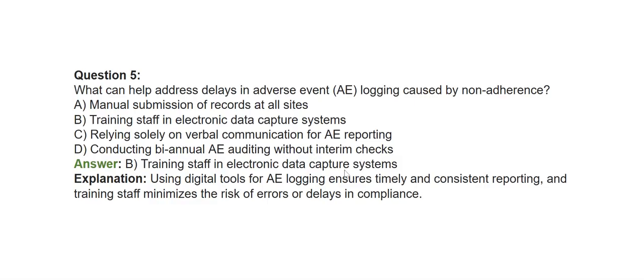So it is B, training the staff in EDC systems, as using digital tools for AE logging ensures timely and consistent reporting, and training staff minimizes the risk of errors or delays in compliance.